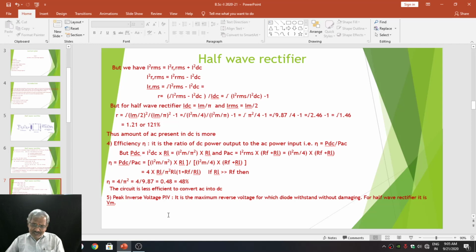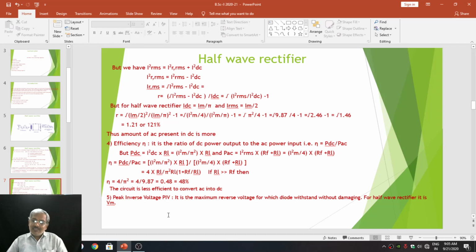Friends, one more factor is mostly associated with the rectifiers, and that is called the transformer utilization factor. But as it is not included in your syllabus, we are not presenting it here. But just for your information, again I am quoting the same. The transformer utilization factor is the factor that determines how the rectifier makes use of the secondary winding of the transformer.